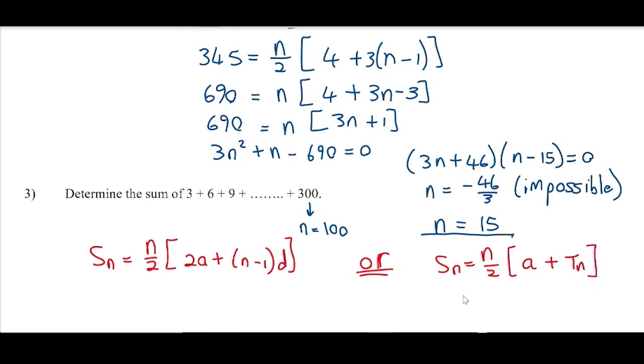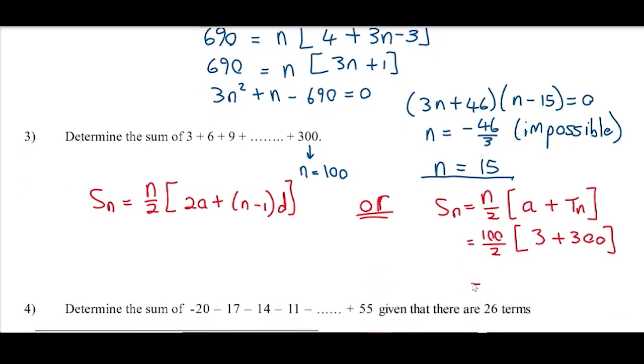So in fact it's going to be 100 over 2. The first term is 3, and the last term is 300. And when I put all of that into a calculator, I get the final answer of 15,150.